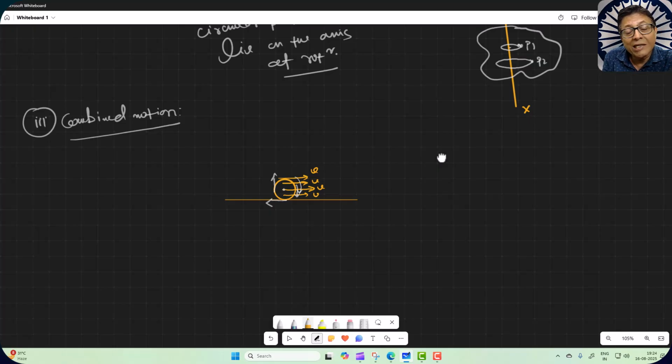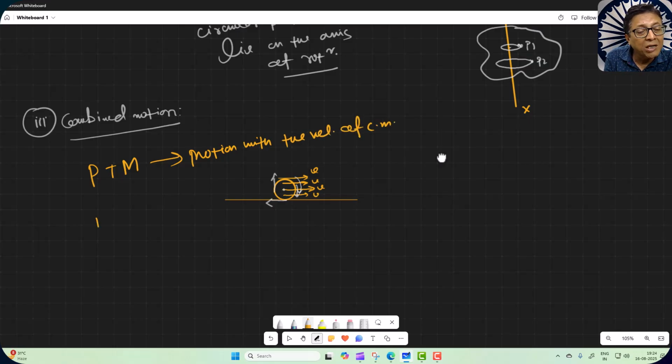Because every particle has pure translational motion with the velocity of the center of mass, then pure rotational motion.